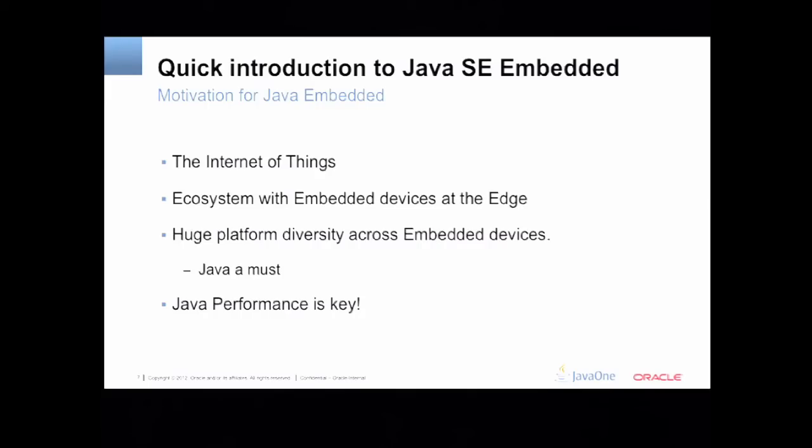The key point here is that these embedded devices are extremely diverse. We have all kinds of processors, all kinds of operating systems, and luckily we have Java, because Java has the ability to run on all these different devices if we have a JVM for them, and then applications can just migrate and be totally portable across different embedded systems.